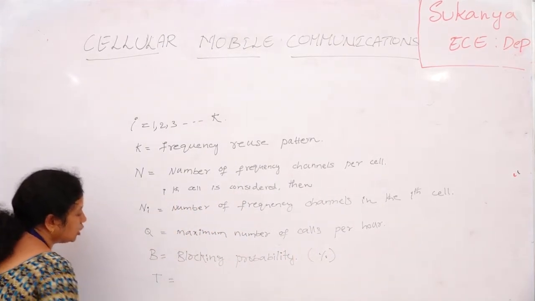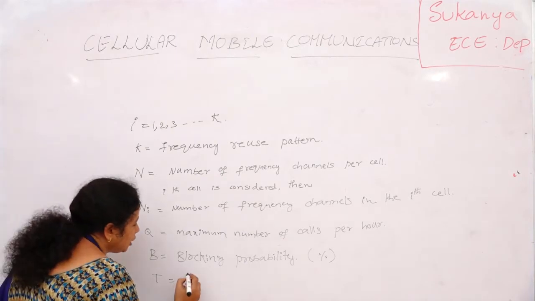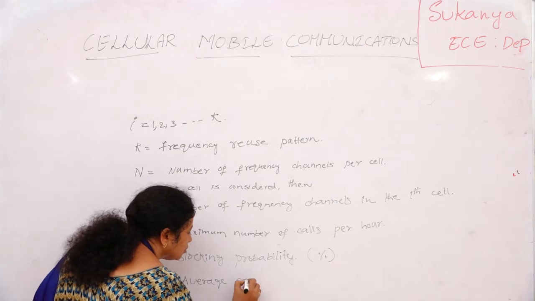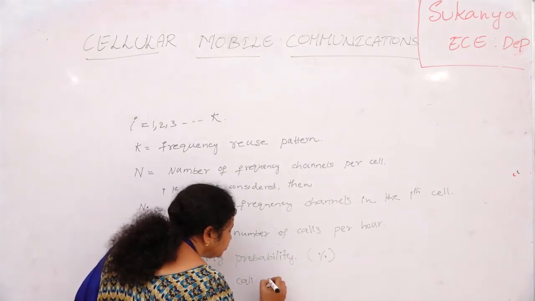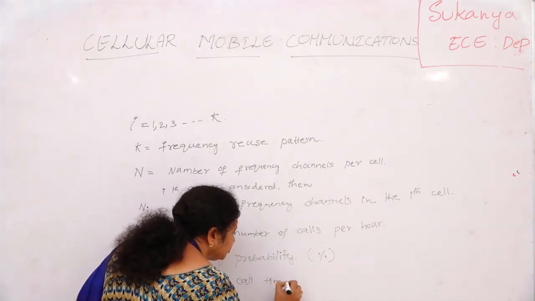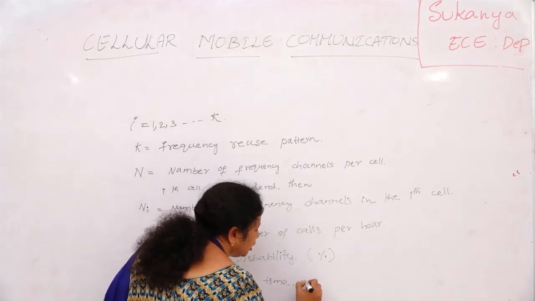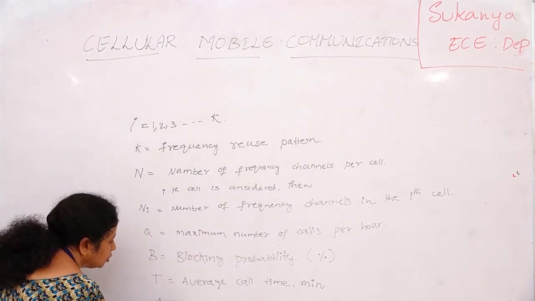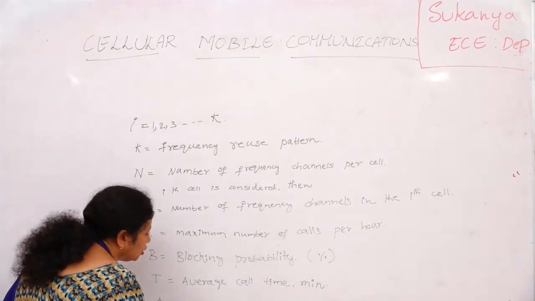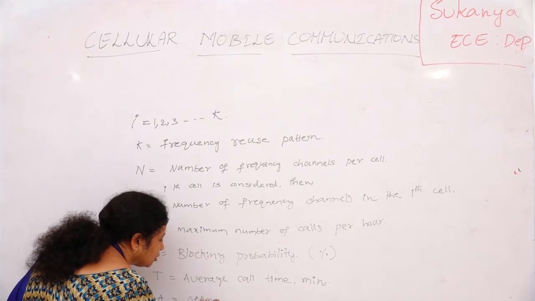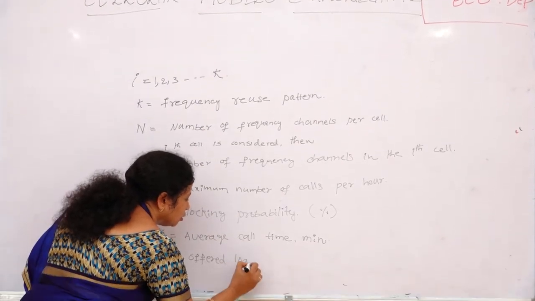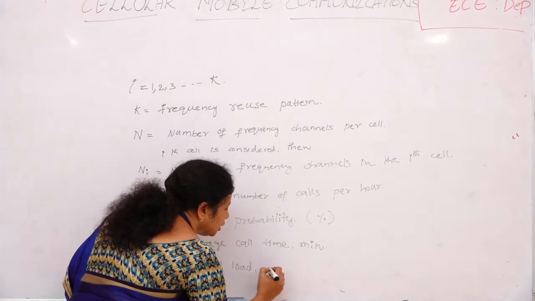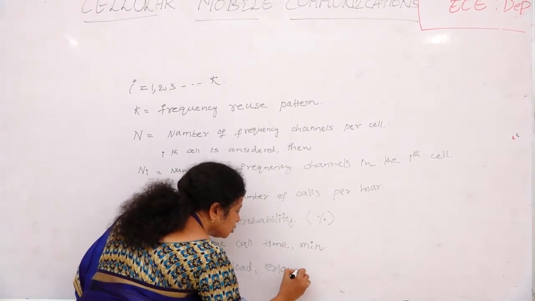And the another parameter is the T. T is used to represent the average call time. So it is always mentioned in terms of minutes. And the next one is the offered load, which is designated as A, and the unit of this offered load is mentioned in terms of erlangs.